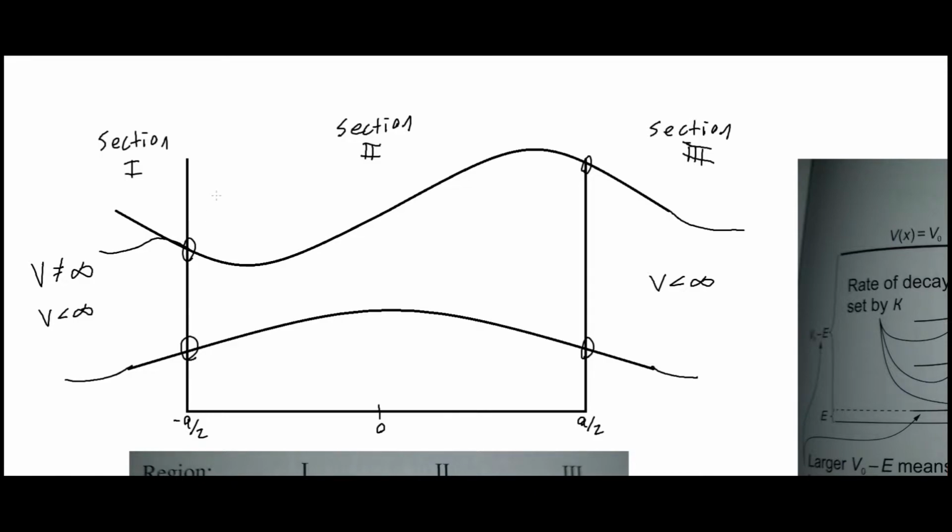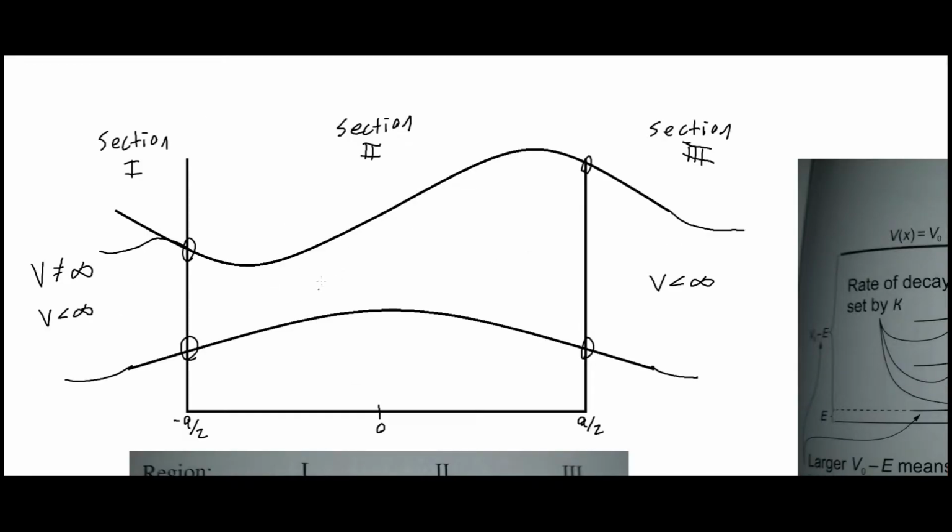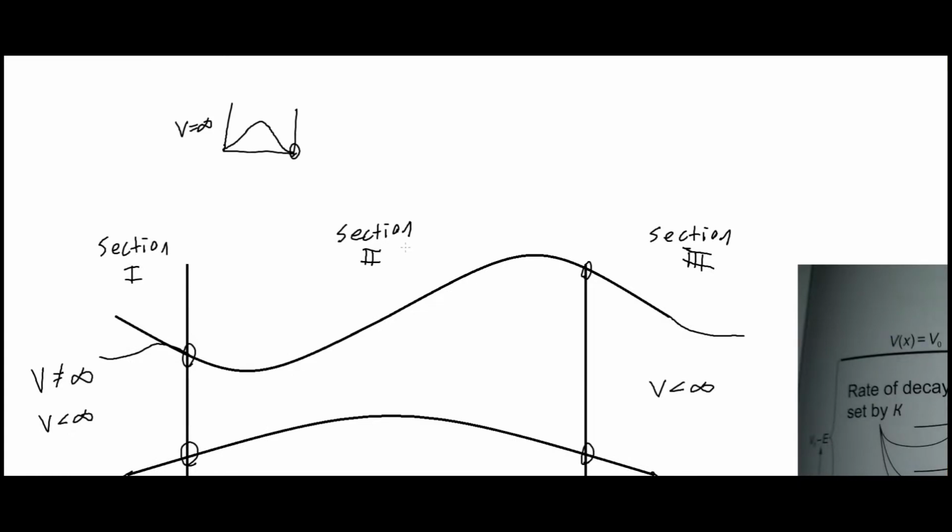If you remember from the infinite rectangular well, we had a well where V was equal to infinity, and we had to have the wave function go to zero at the edges, but here that is not the case. And so what we need essentially is that these be continuous between the area where there is no potential and the area where there is potential.